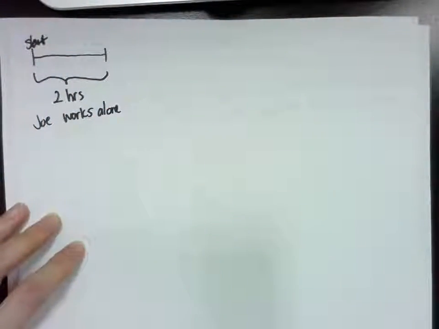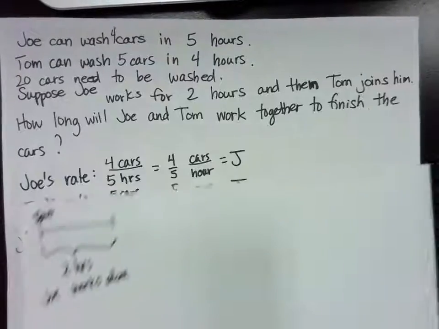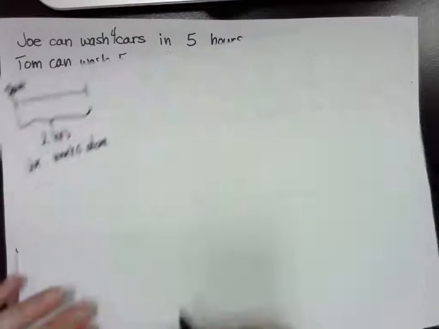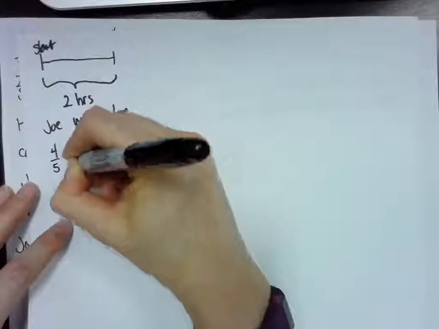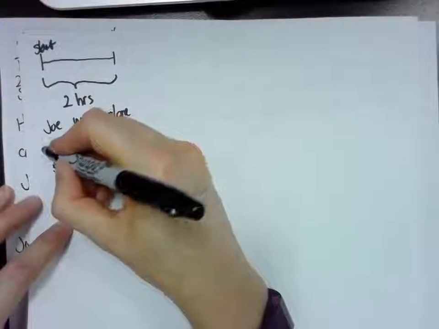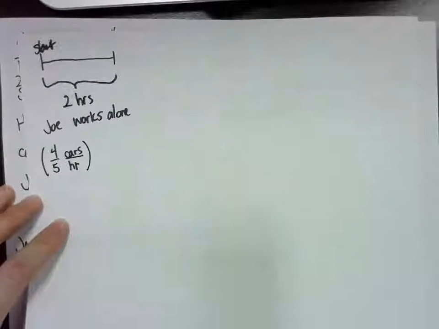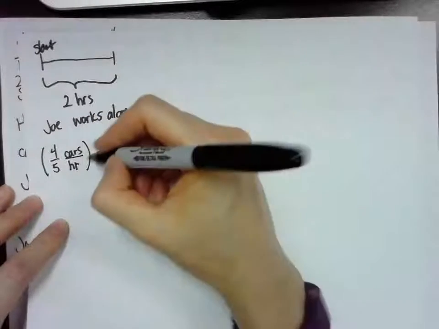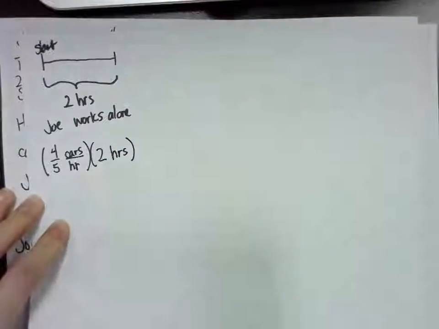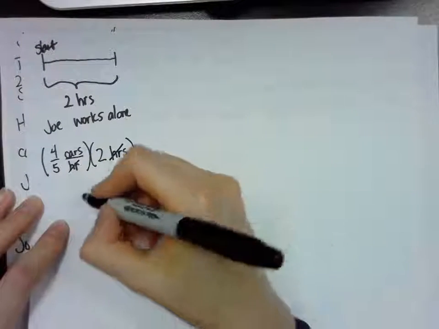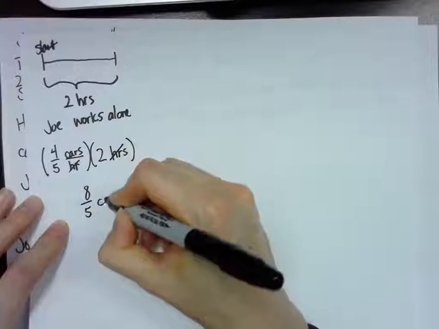So the amount of cars that Joe will finish in that time is, well, Joe is working at the rate of 4/5 cars per hour, and he's working for 2 hours. So hours cancel with hours, and he finishes 8/5 cars.